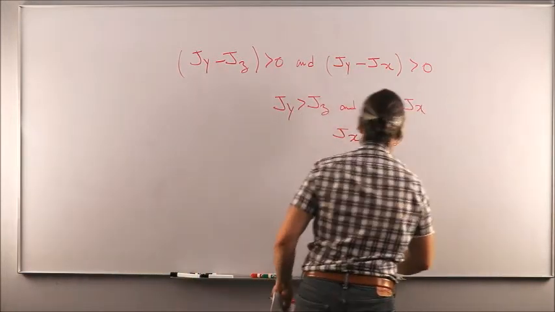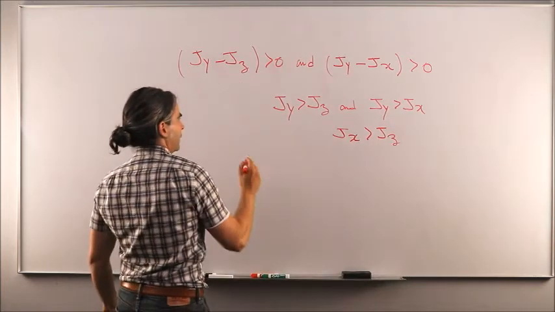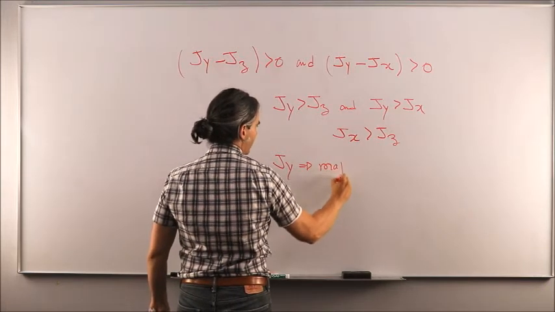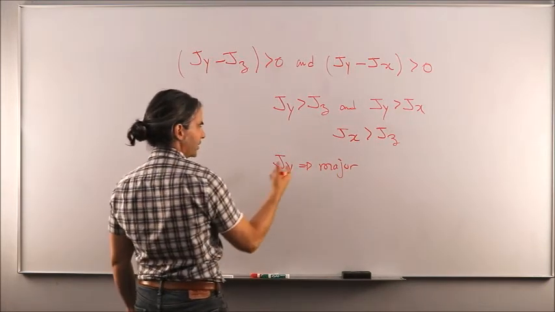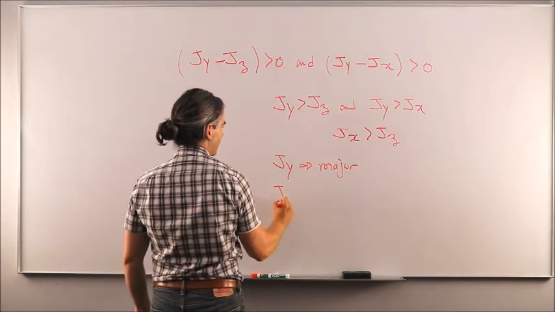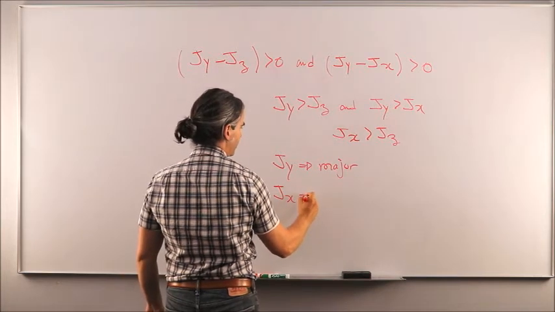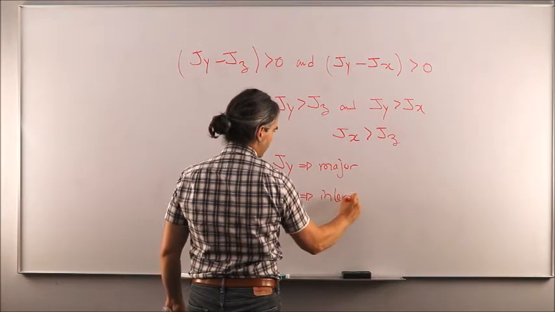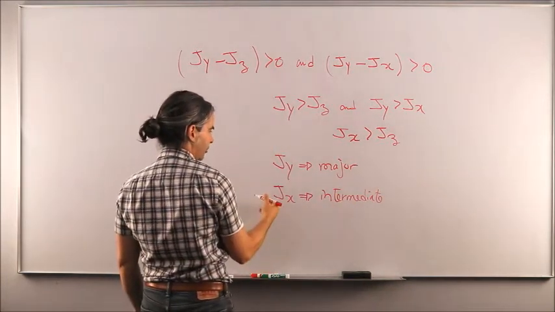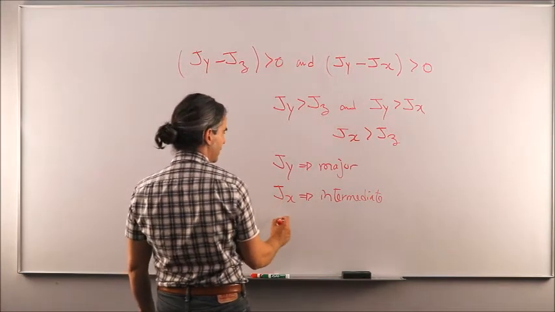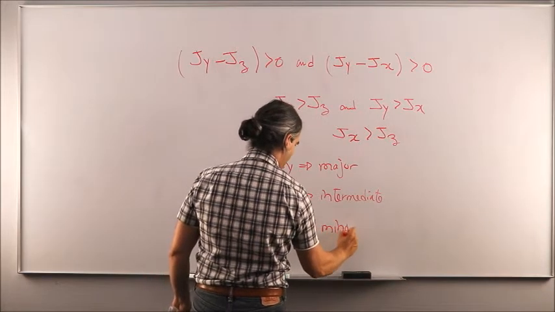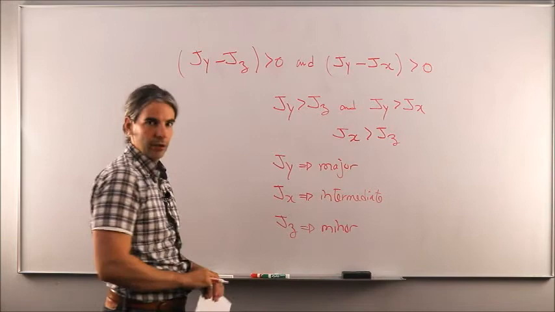Or, altogether, that Jy needs to be your major axis, the largest entry in the inertia matrix, that Jx needs to be the intermediate axis of rotation, or the intermediate value in the inertia matrix, and finally that Jz has to be your minor axis of inertia or minor axis of rotation.